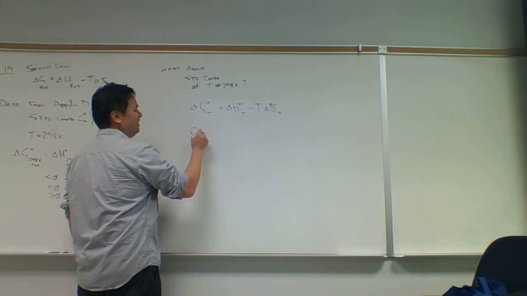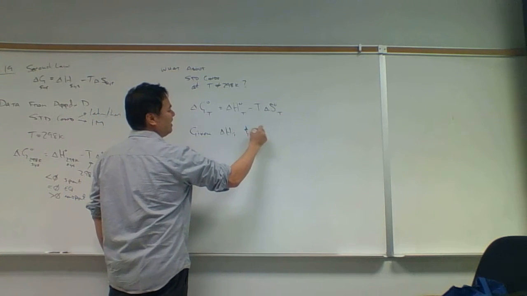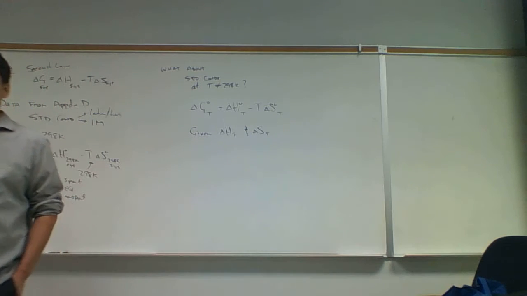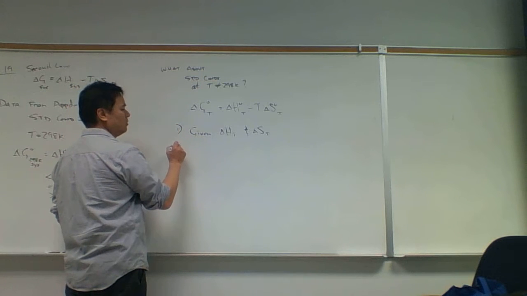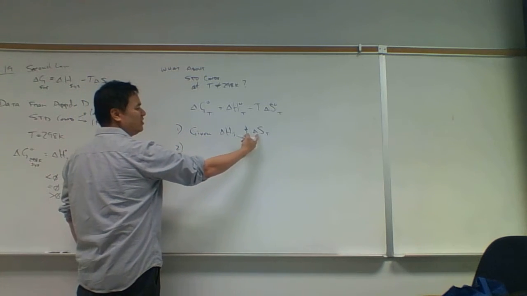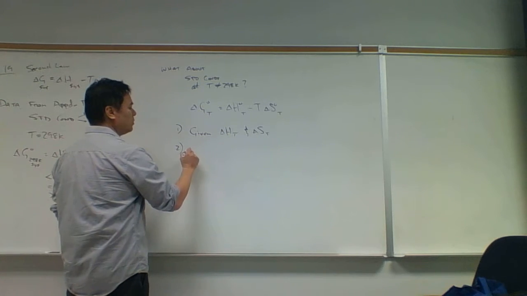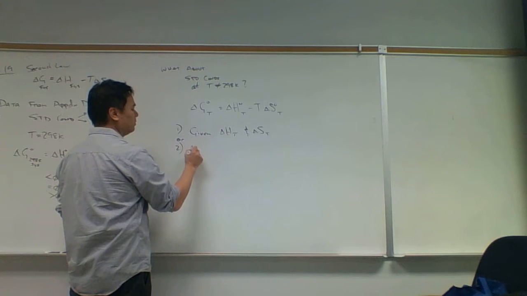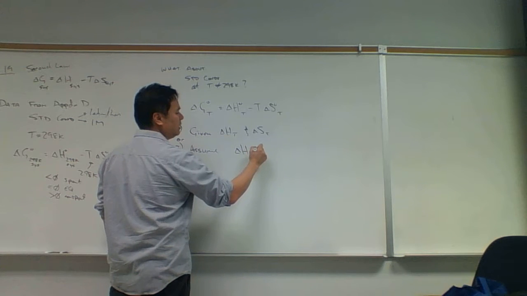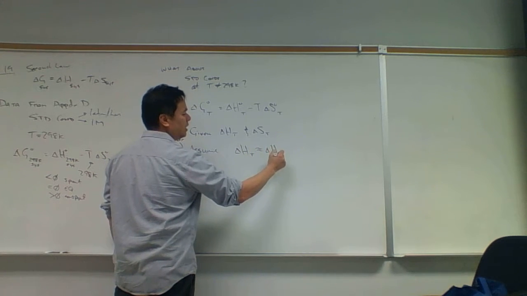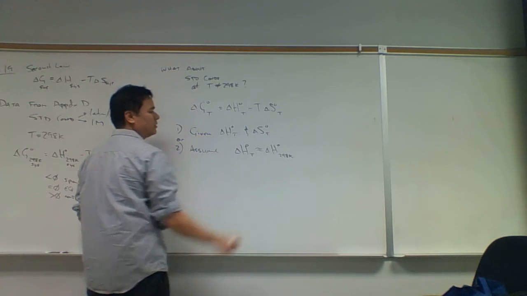One, we're given the delta H at temperature T and delta S at temperature T. Or two, if we don't know the delta H at that temperature and we don't know the delta S at that temperature, then we're going to assume that delta H at temperature T is about equal to delta H at 298 Kelvin. This is under standard conditions.